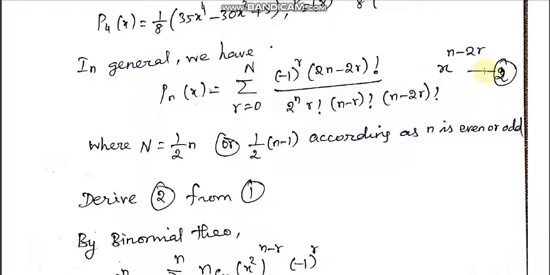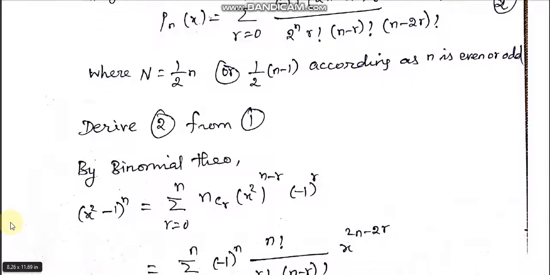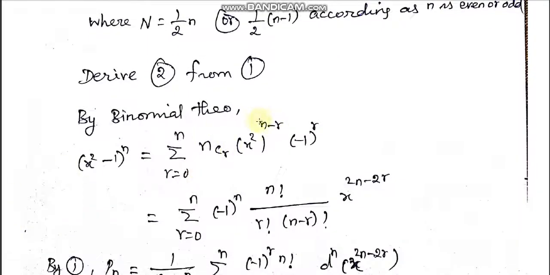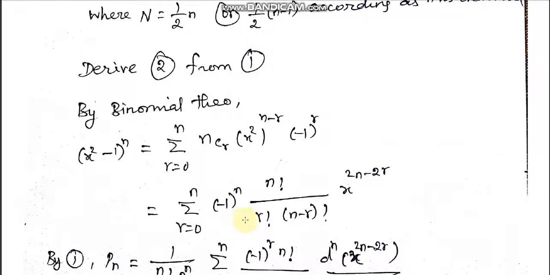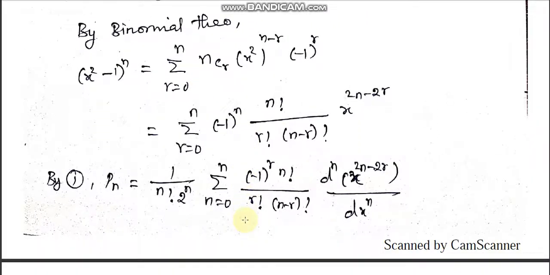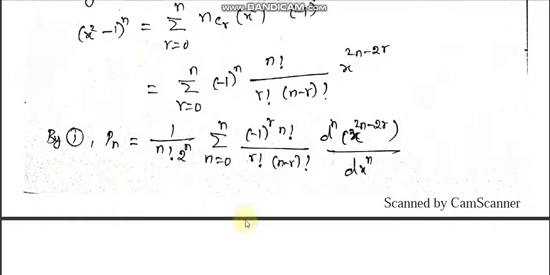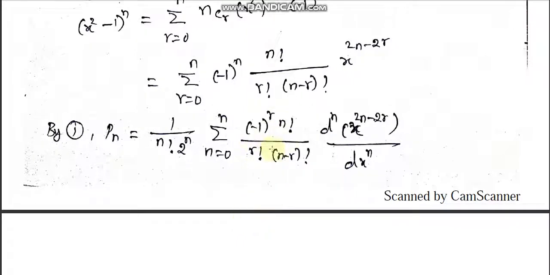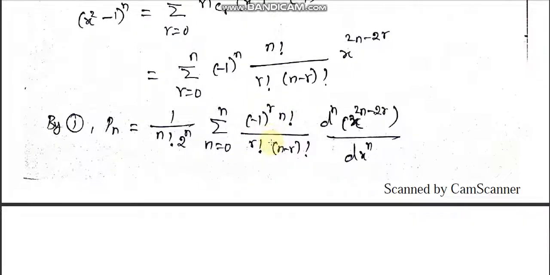Let us take this equation as equation 2, where capital N equal to 1 by 2 n or minus n minus 1 by 2 according as n is even or odd. Derive equation 2 from equation 1 by the binomial theorem. We find this term. On simplifying this term by equation 1, we get this equation.